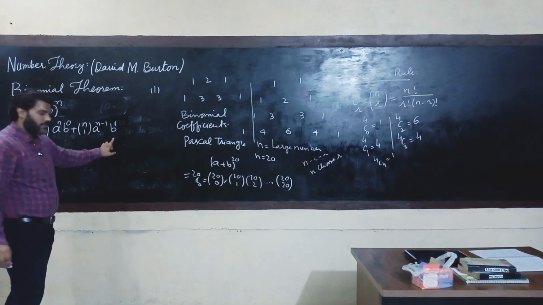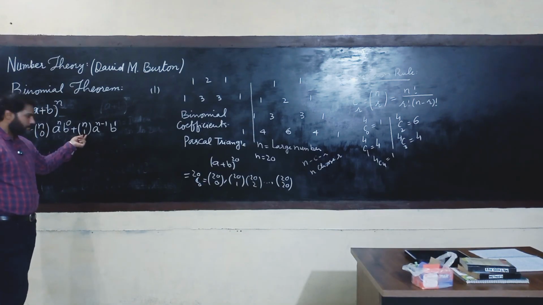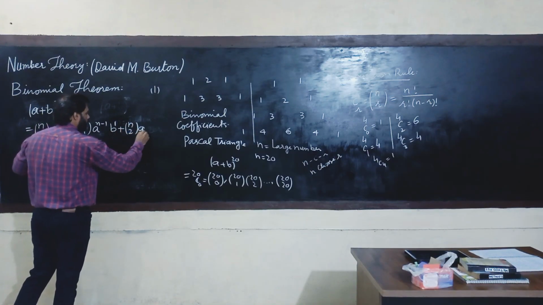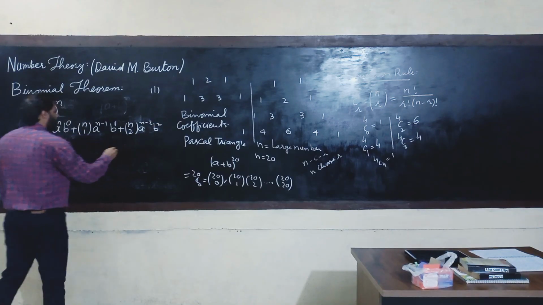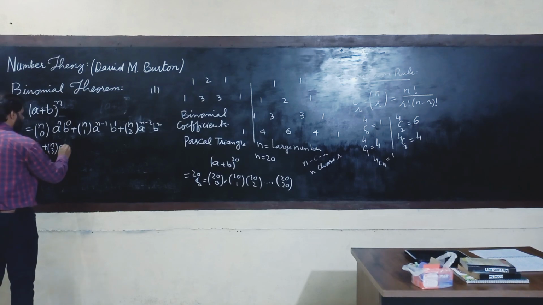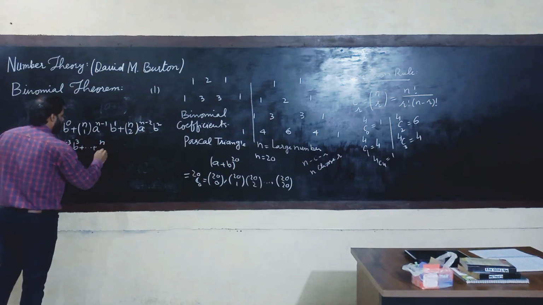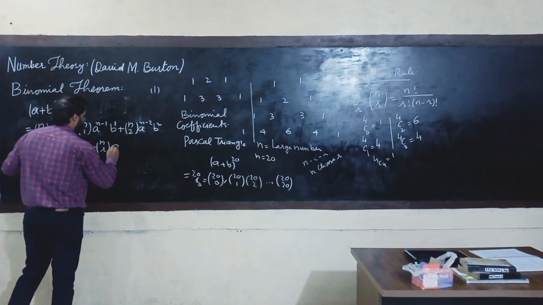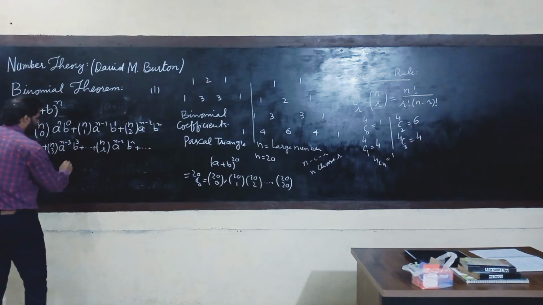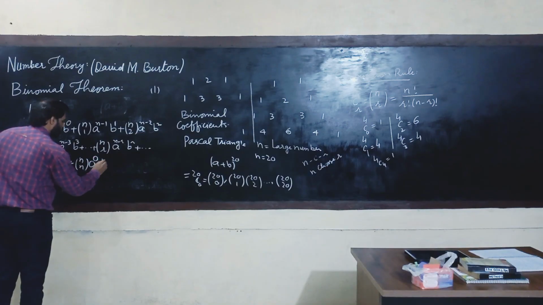The exponent of the second term is always the number 1. Then n choose 2, a to the n minus 2, b squared, n choose 3, a raised to power n minus 3, b raised to power 3, and so on up to n choose r, a raised to power n minus r, b raised to power r, and the last term is n choose n, a raised to power 0, b raised to power n.